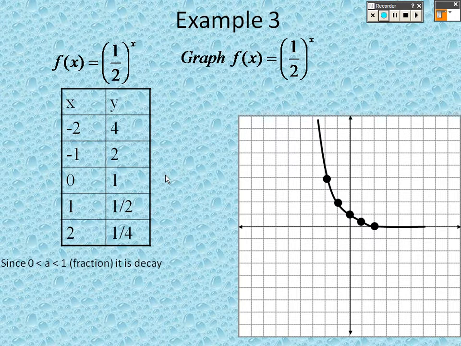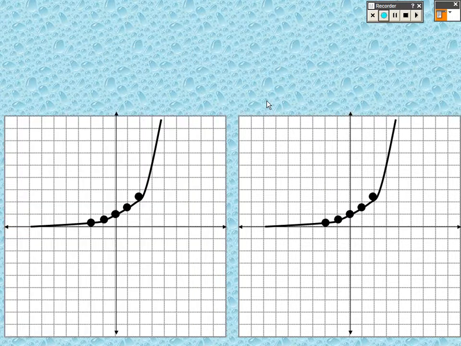It's going down from left to right. That's what makes it a decay, that fraction. And the lower the fraction, the steeper it is. So what we're saying is, if I gave you 8/9 to the x, that's not a low fraction. A low fraction would be like 1 over 13. The lower the fraction, the more steep it's going to be.